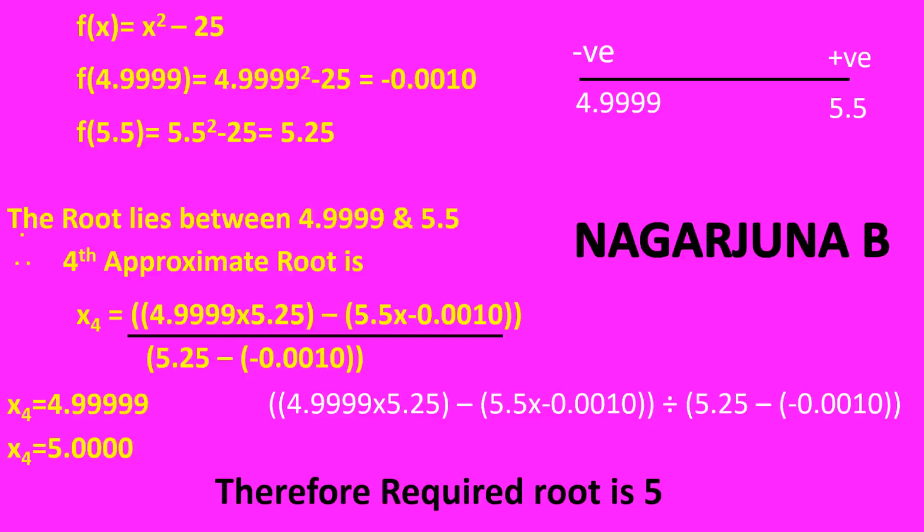It means nearly 0. Until you get 3 zeros, you should keep on doing the iterations. In the regula falsi method, method of false position, and secant method, you will get the approximate root within the 4th to 5th step. Maximum 4th to 5th step you will get the answer.